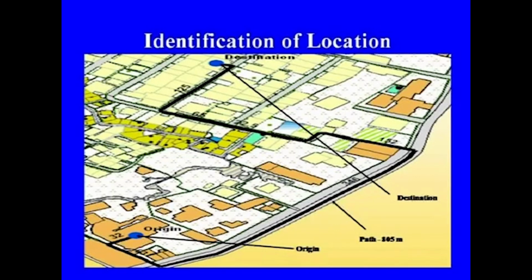And for each segment, the distance is identified. As you start from the origin, the first length is about 32 meters, then you take a left turn, proceed for 63 meters, then take another left turn and walk straight for nearly 346 meters, take another left turn, walk for 152 meters, take a left turn, walk for some distance, then for about 22.5 meters, then take a right turn, go for another 65 meters, take another right turn and walk for 125 meters, and you will reach your destination.